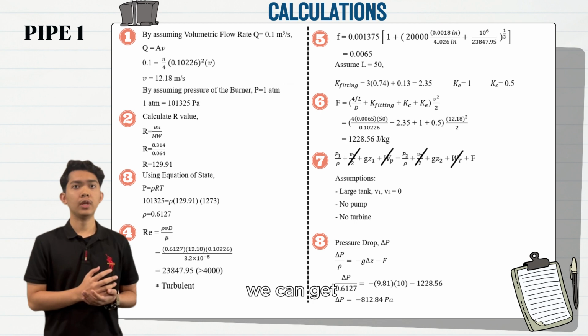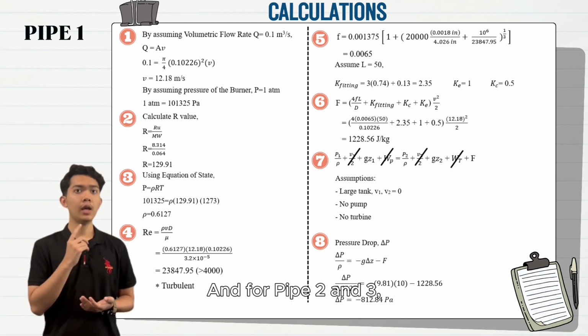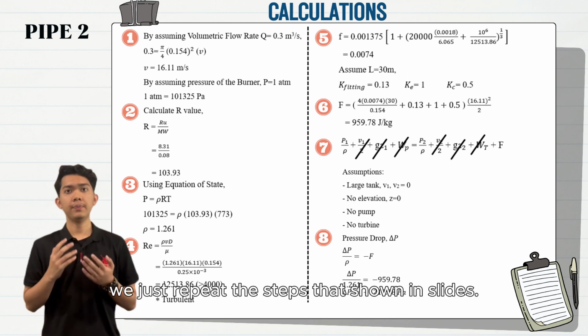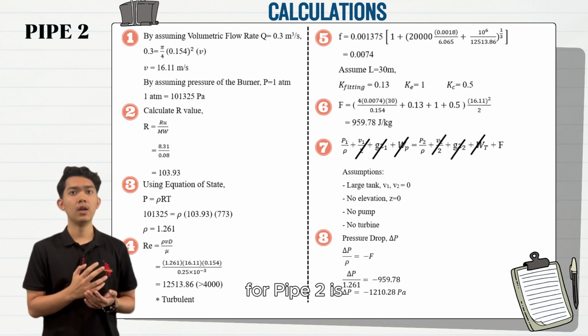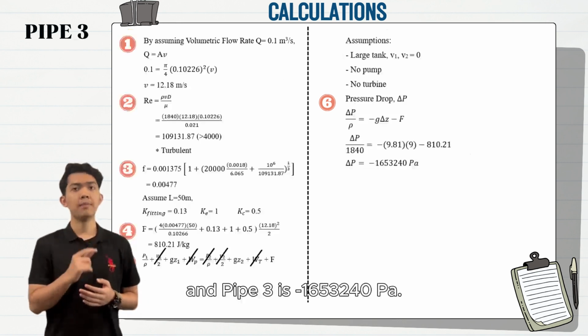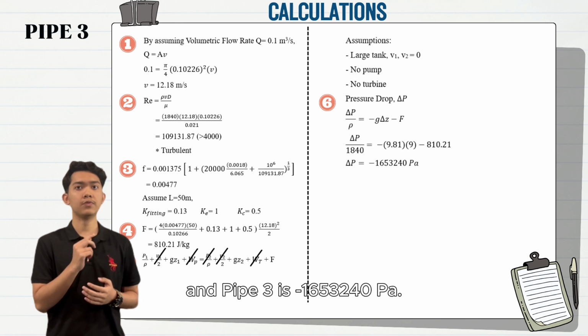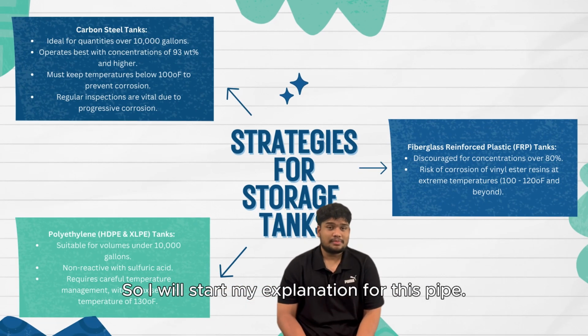So the pressure drop, we can get negative 812.84 Pascal. And for pipe 2 and 3, we just repeat the steps shown in the slides. The final pressure drop for pipe 2 is negative 1210.28 Pascal, and pipe 3 is negative 1653240 Pascal. So I will start my explanation for this part.